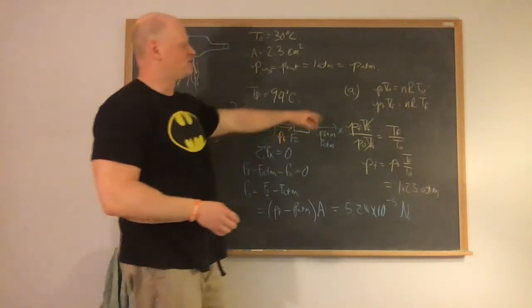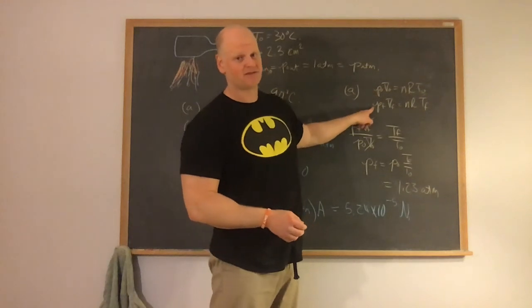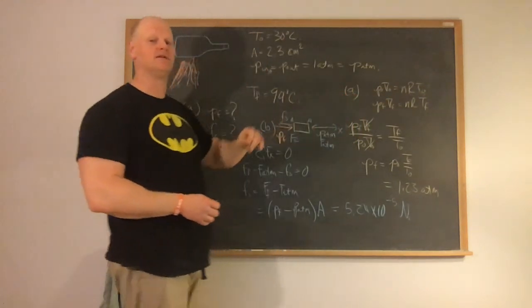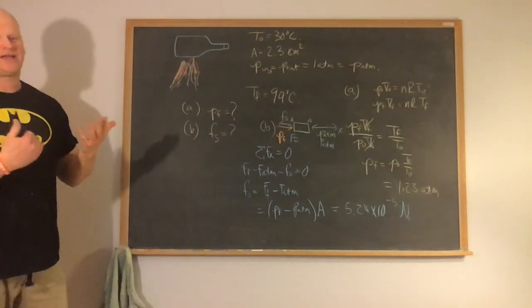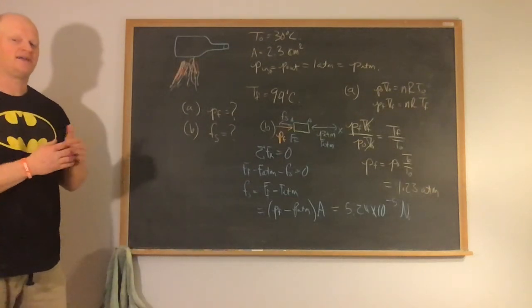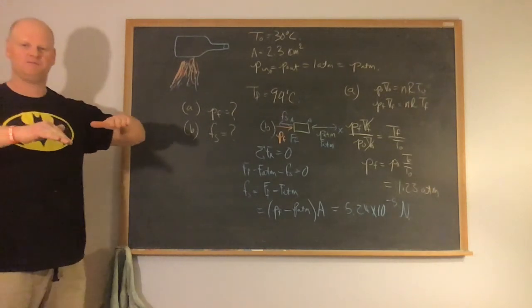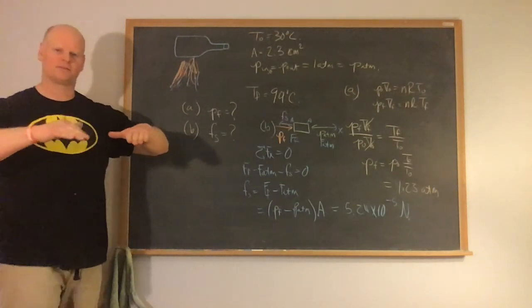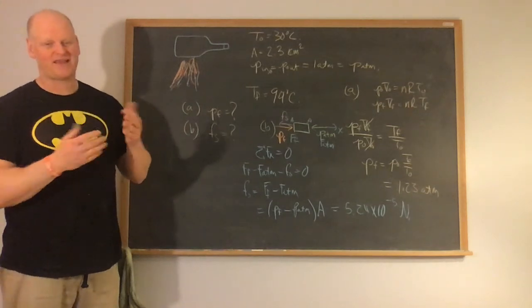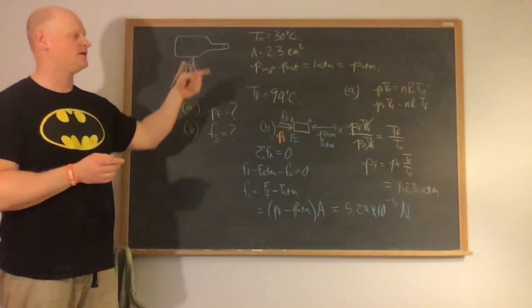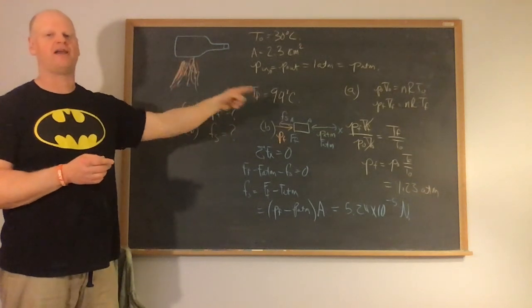Meaning as this thing is increasing its temperature from the initial temperature to the final temperature, the ideal gas law does not hold anymore. It is outside of equilibrium, unless it's happening in a quasi-static way, meaning the temperature is increasing very slowly, so it's always basically in equilibrium. In that case you can say that, but typically all we can say is that this is only true when it's in equilibrium, which is typically going to be our final and our initial.